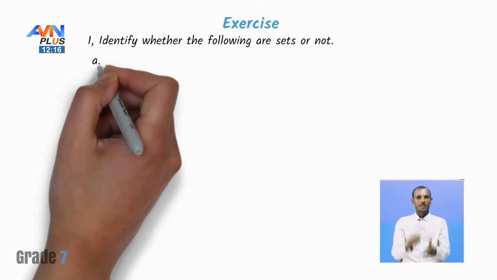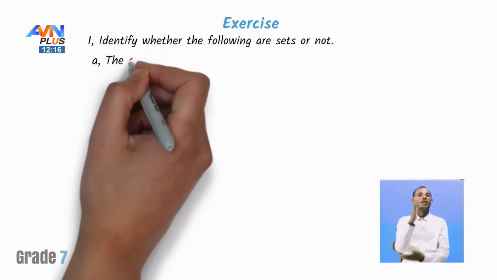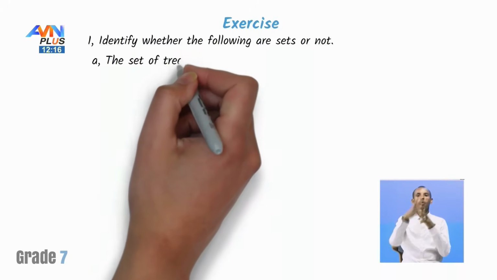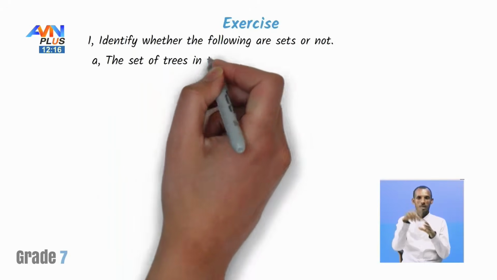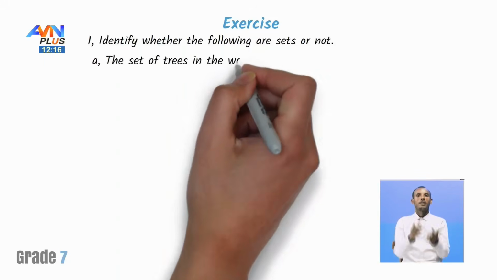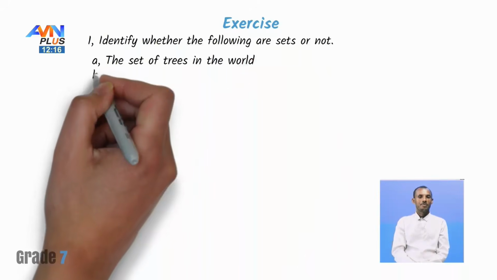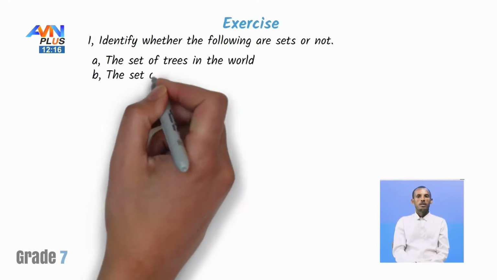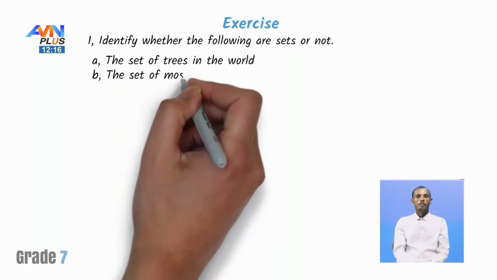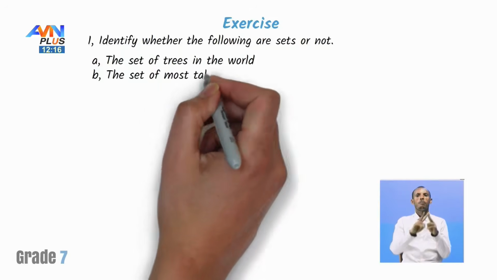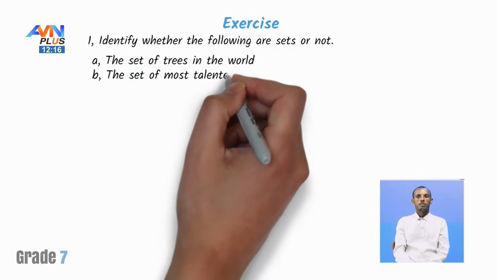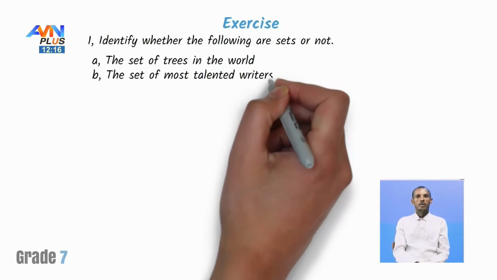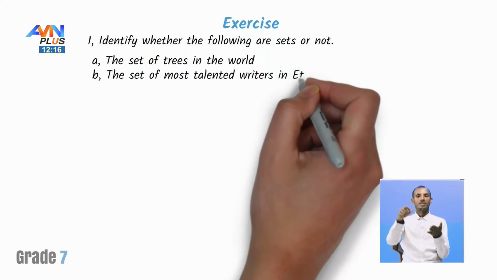The first one, the set of trees in the world. Second question, the set of most talented writers of Ethiopia.